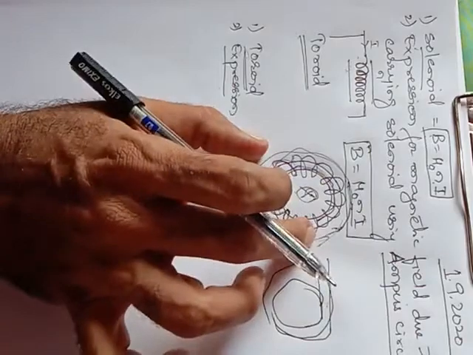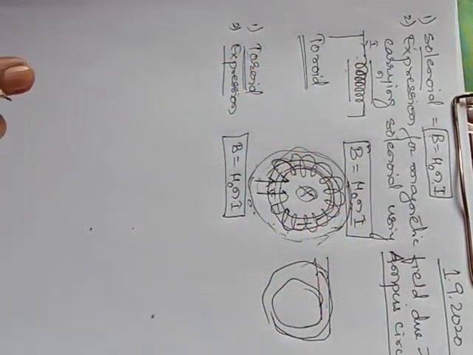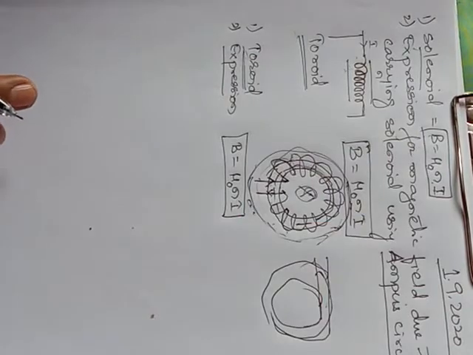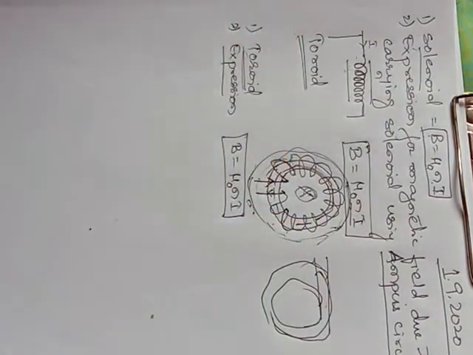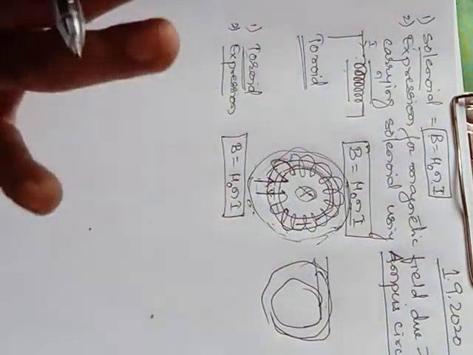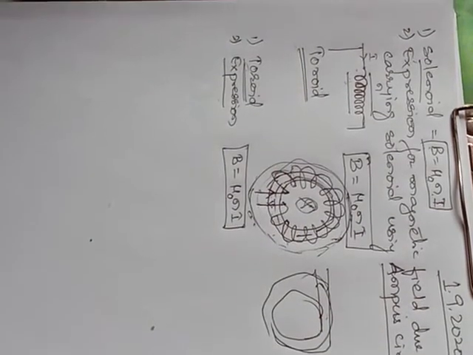So toroid and solenoid both are similar, both will have the magnetic field B is equal to mu naught Ni only, and both will have the uniform magnetic field only. But the thing is that in case of a toroid it is in a circular manner.